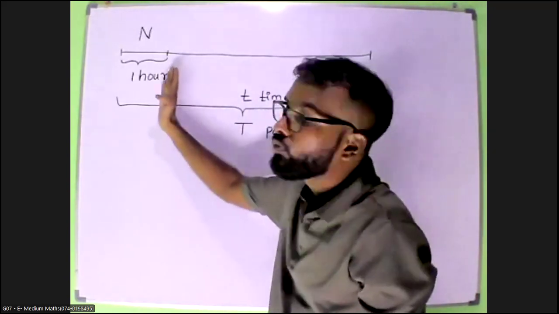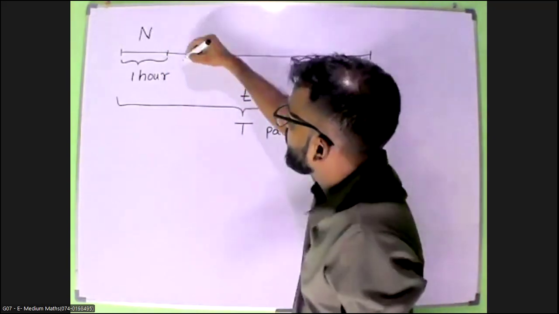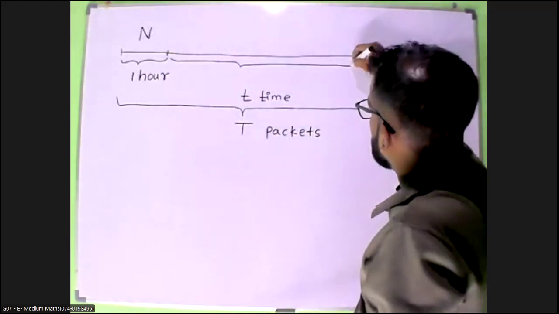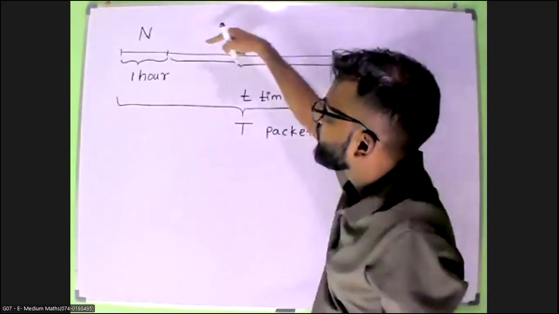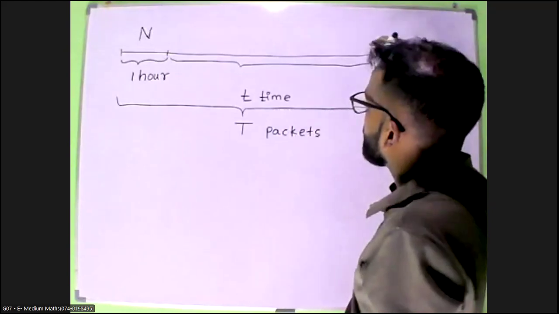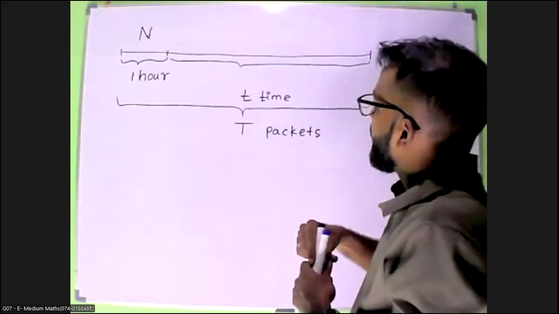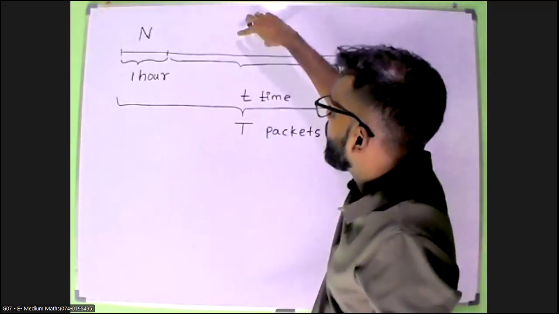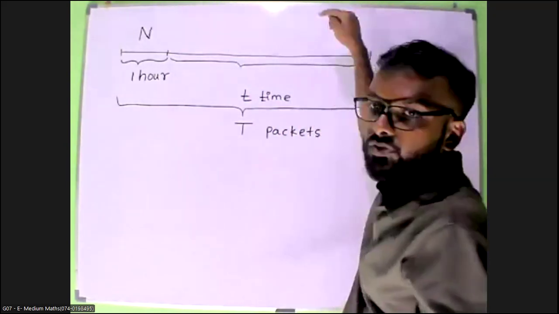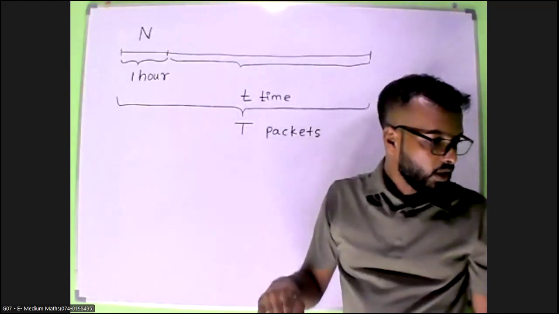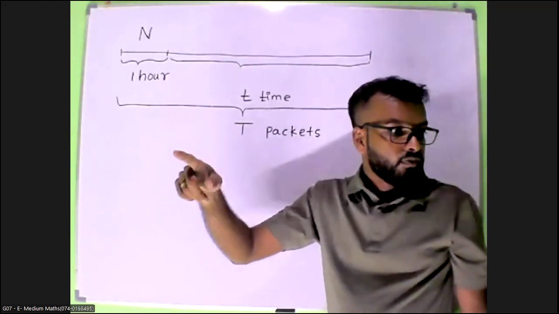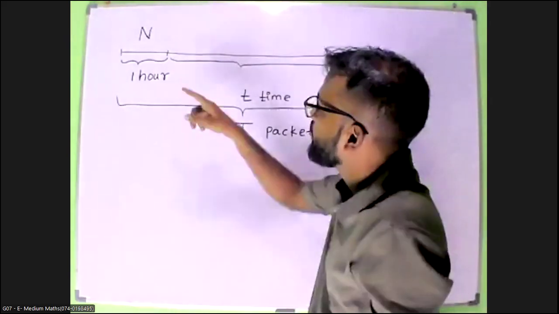If you remove the first hour, there is some time here to here. You need to find this time slot, and as well you need to find how many packets are produced within this time. I think it has been given: every hour thereafter it produces n packets.